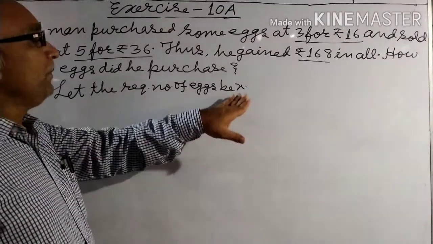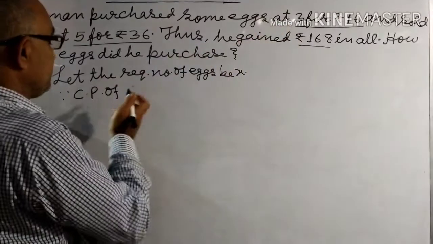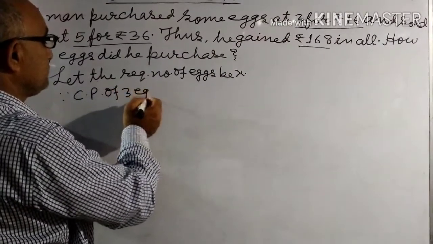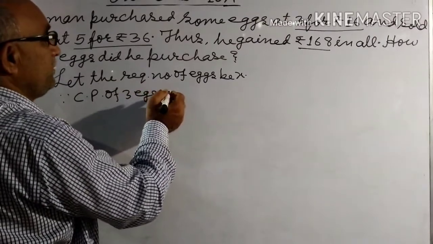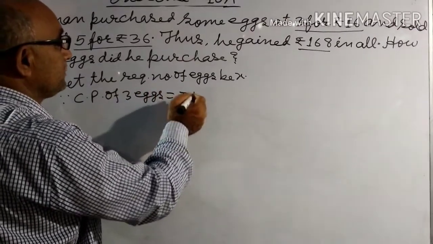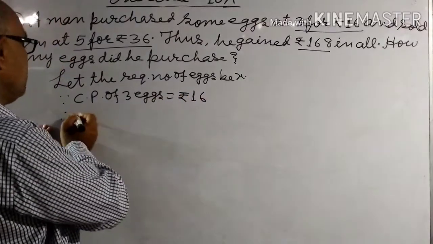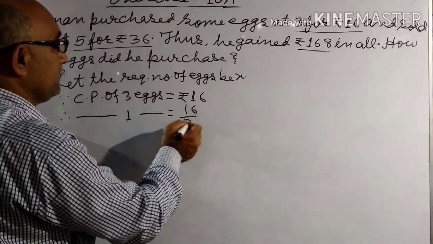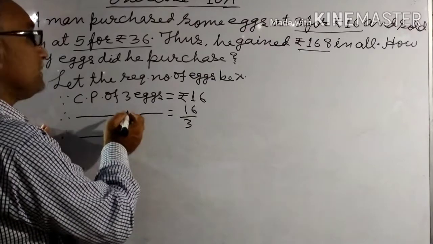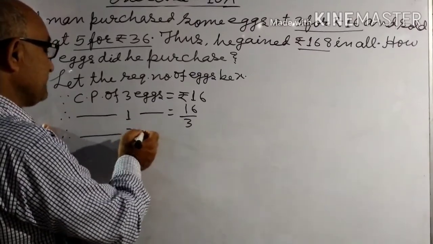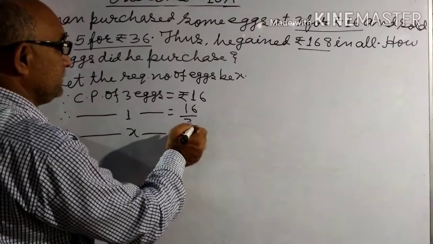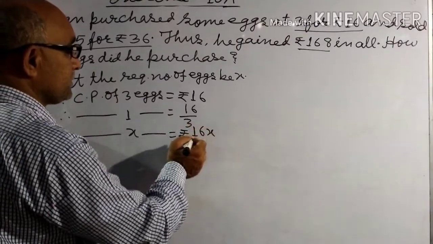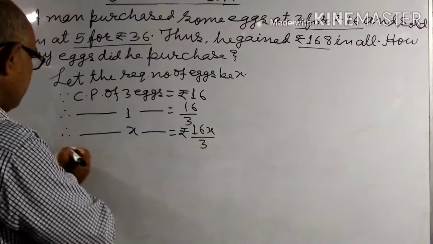Find CP and SP of x eggs. Since CP of 3 eggs is rupees 16, CP of 1 egg is 16 by 3. CP of x eggs is rupees 16x by 3.